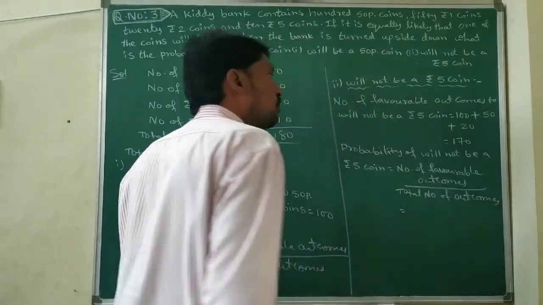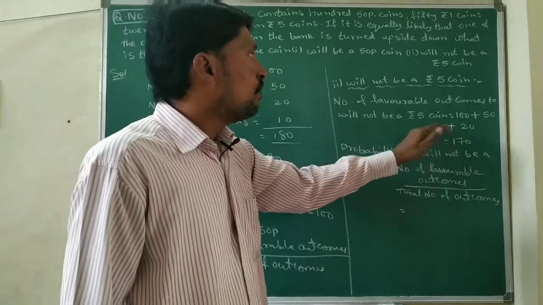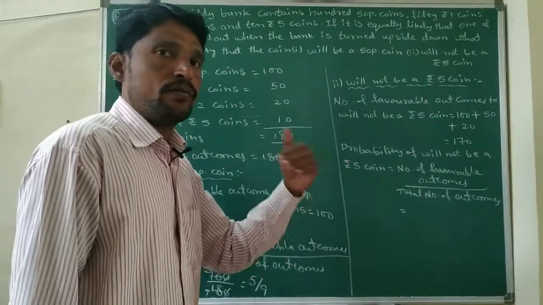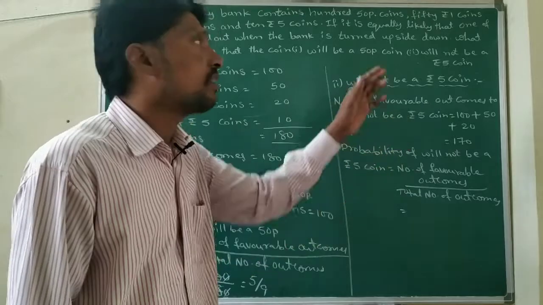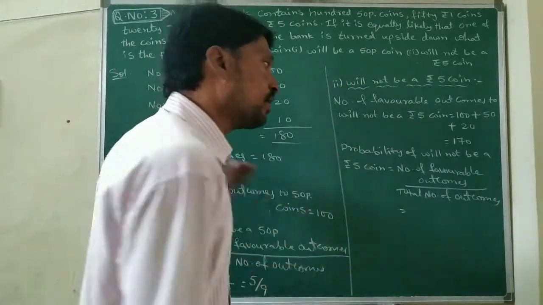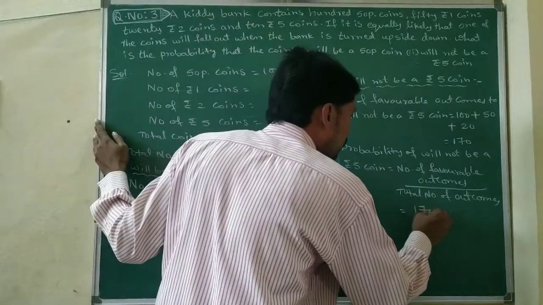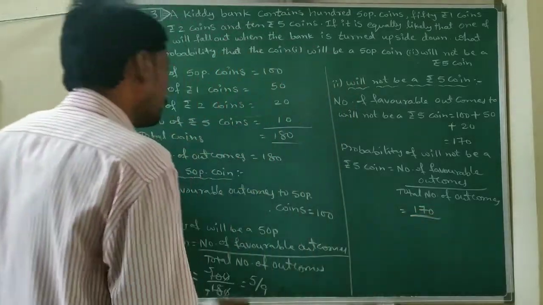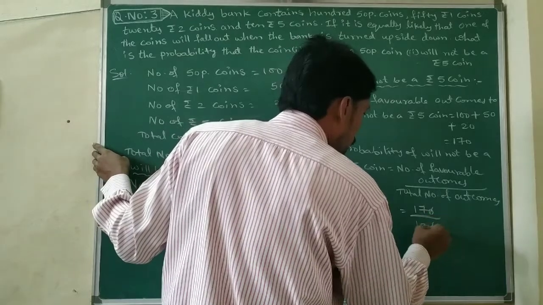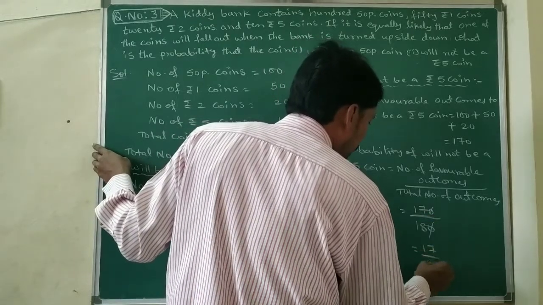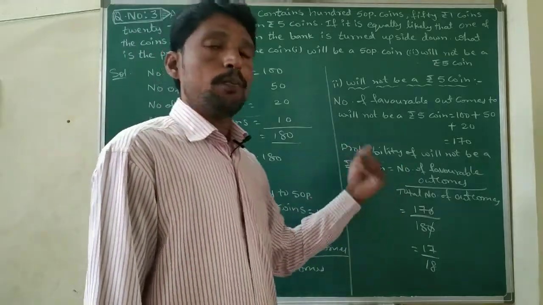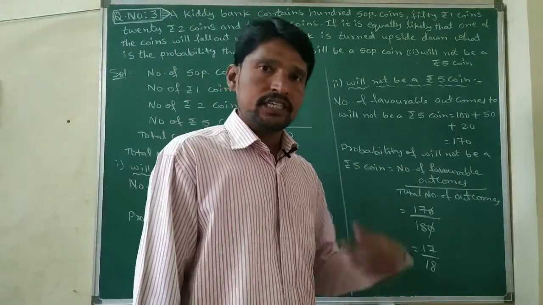So favorable outcomes, how many did we get here? That is for will not be a rupee 5 coin, which we are finding. Will not be a rupee 5 coin means remaining coins. Remaining coins are here: 50 paise coins, 1 rupee coins and 2 rupee coins. That are 170 by total number of outcomes, we got here 180. So the zeros get cancelled. That is 17 by 18 is the probability of will not be a rupee 5 coin. Next.